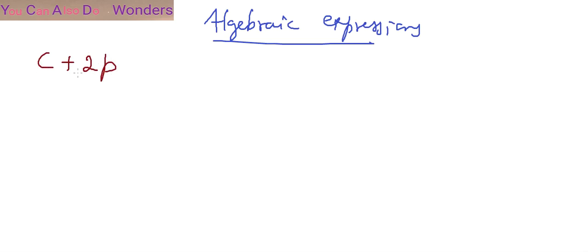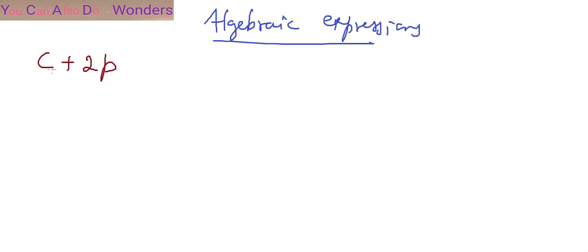So in this case, C plus 2P represents the total cost of a chocolate and two pens or pencils, whatever. Suppose we take P as the cost of a pencil, then C plus 2P represents the total cost of a chocolate and two pencils.